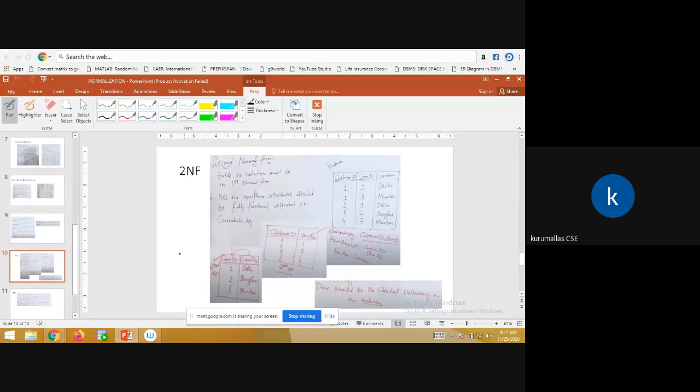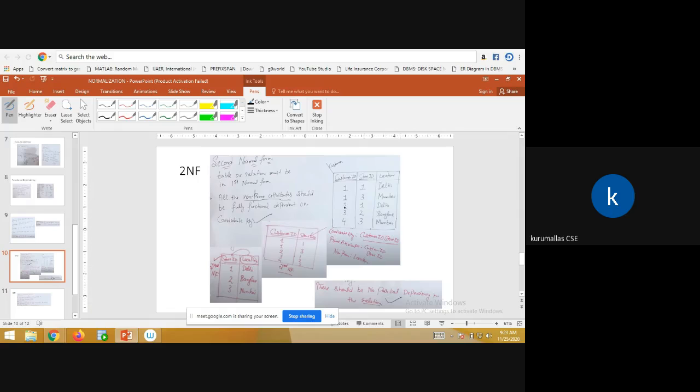Second, all the non-prime attributes, that is, those attributes which do not have any key values, should be fully functionally dependent on the candidate key. Another rule is that there should be no partial functional dependency in the relation.